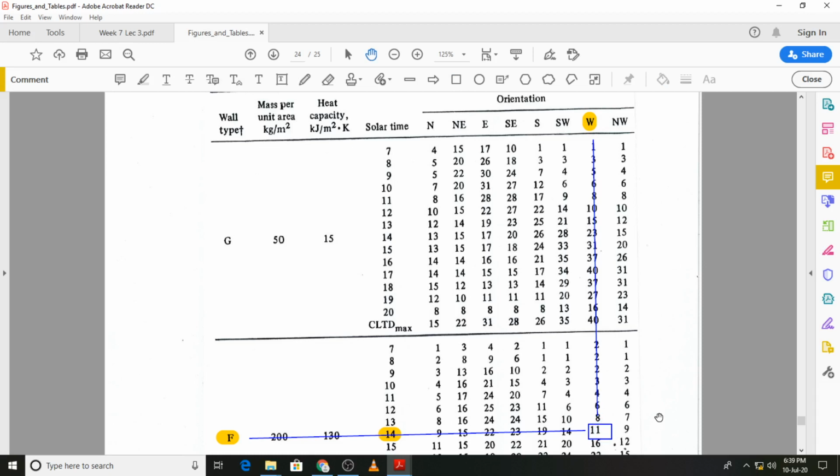Once again, you will use the same formula for finding out the value of CLTD adjusted, which comes out to be 12.5 degrees C, and then we move to the heat gain, and I'll go directly to the solution to see the result of the calculation.